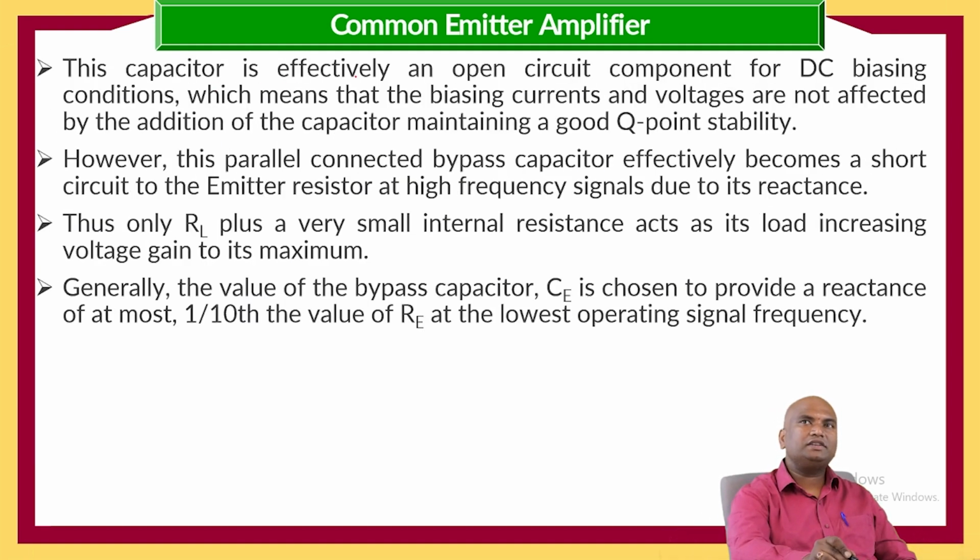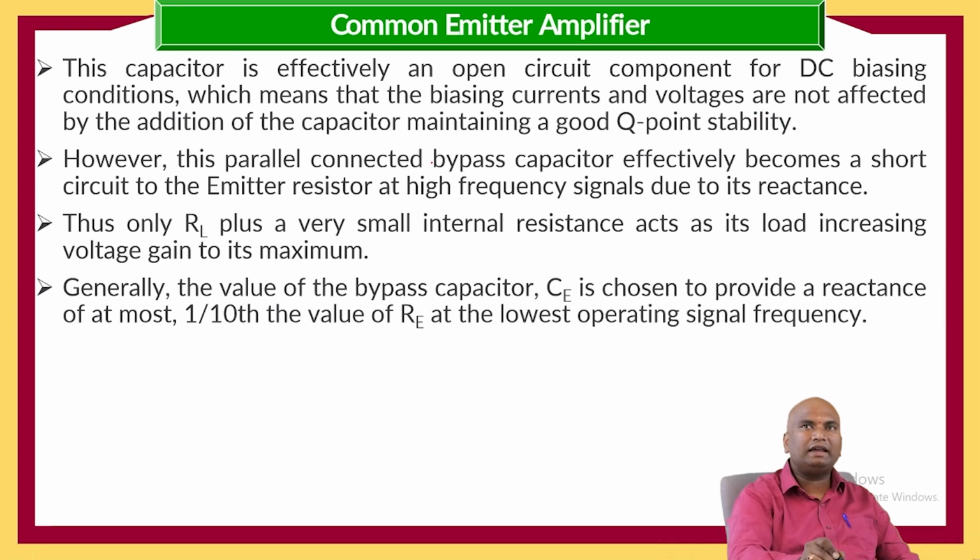And this capacitor is effectively an open circuit component for DC biasing conditions, which means that the biasing currents and voltages are not affected by the addition of the capacitor, maintaining a good quality Q point stability.